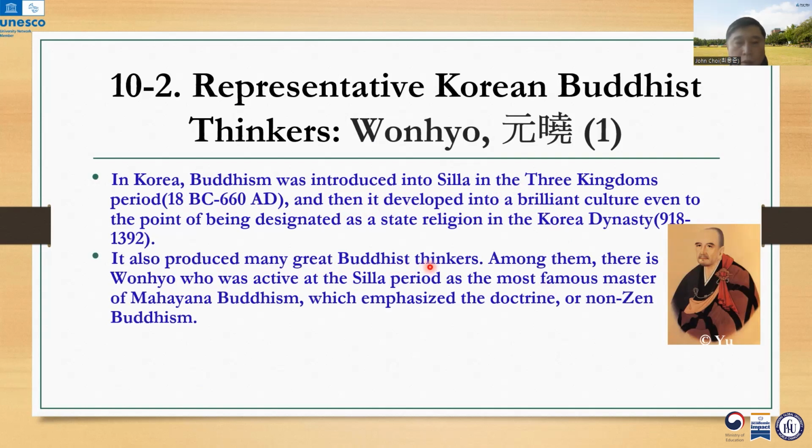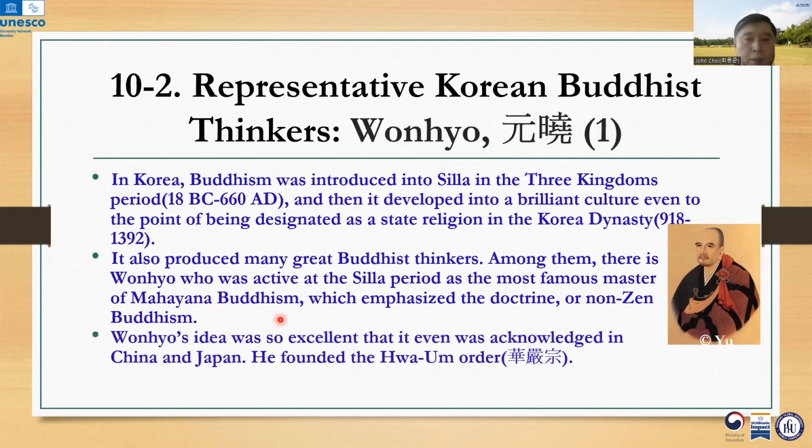Among them, there is Wonhyo, who was very active in the Shilla period as the most famous master of Mahayana Buddhism, which emphasized doctrinal, non-Zen Buddhism. His ideas were so excellent that they were acknowledged even in China and Japan. He founded the so-called Hwaeom order.